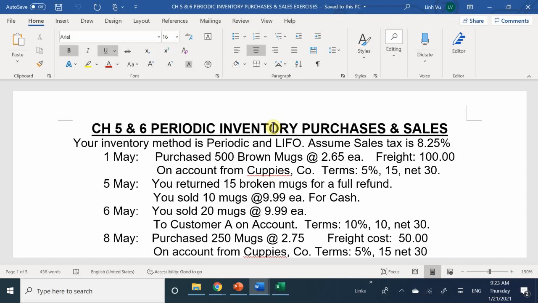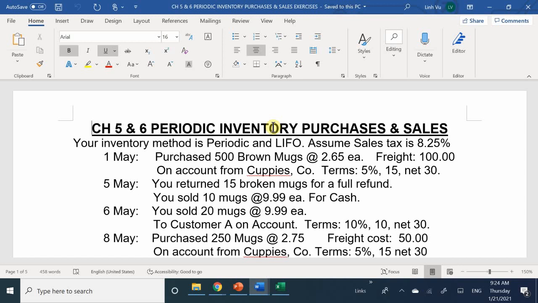This is like a pre-step to looking at how, when we reach our class project, we actually look at a transaction, journalize it, do what needs to be done, and complete the transaction, okay? So here for chapter 5 and 6, periodic inventory, purchases and sales.